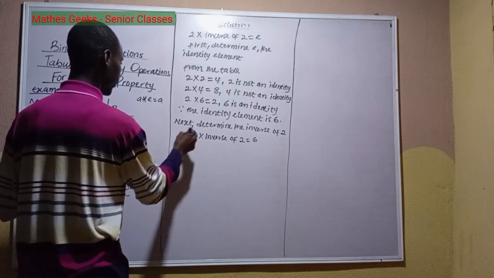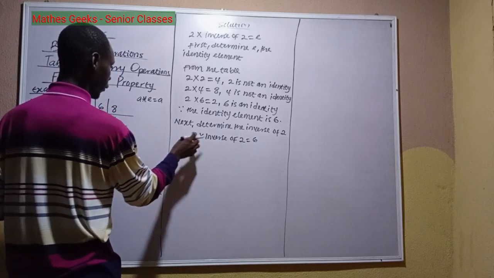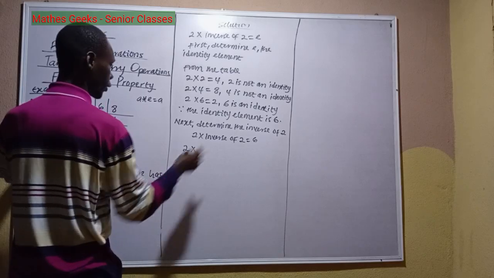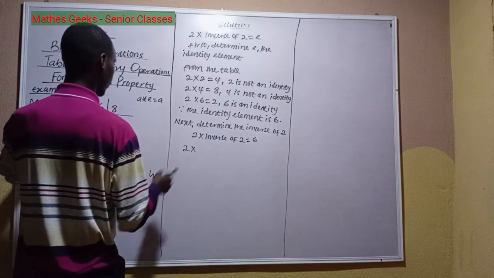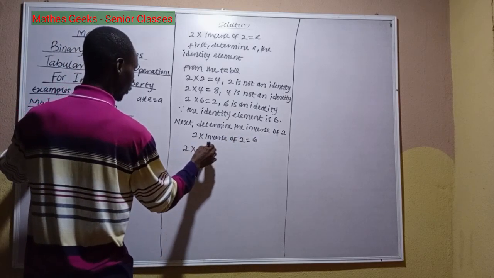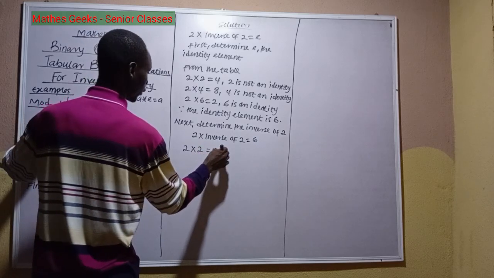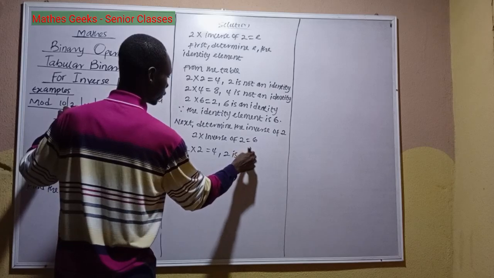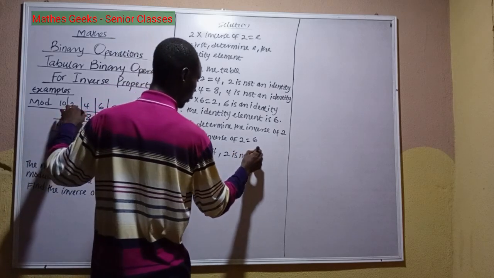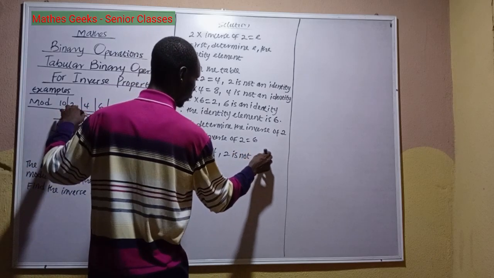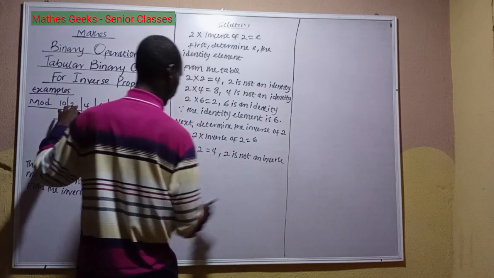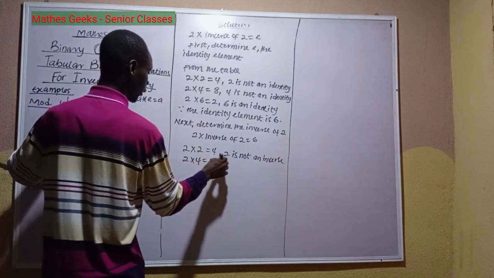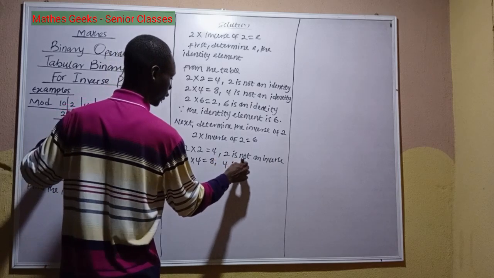So let's carry this out. 2 multiplied by what will give us 6? 2 multiplied by 2 is equal to 4. It will not give us 6, so 2 is not the inverse. 2 times 4 is equal to 8. 4 is not the inverse.